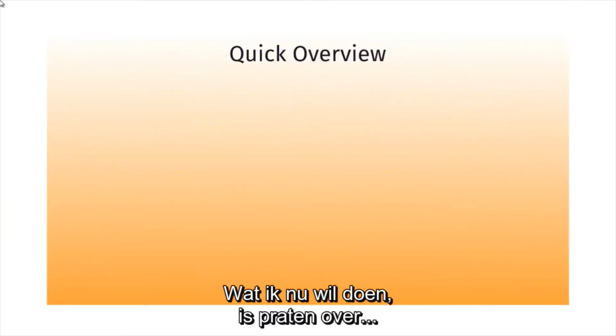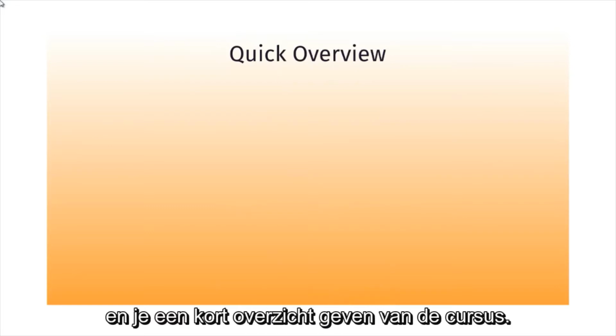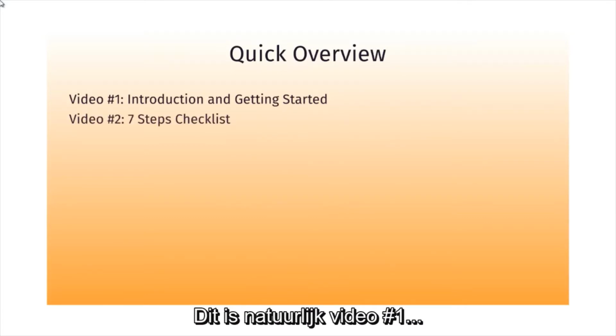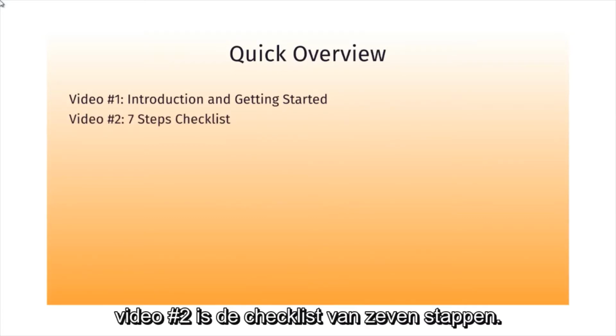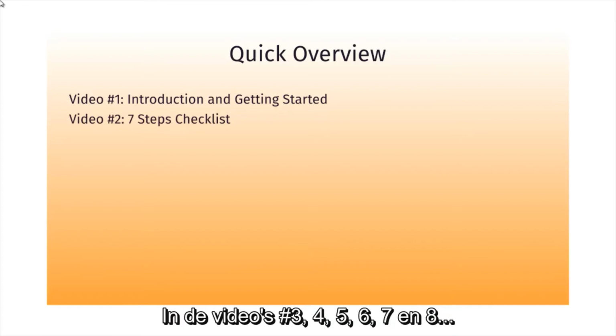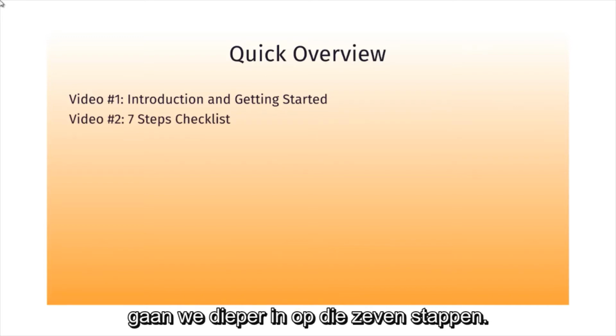Now what I want to do is give you a quick overview of the video course itself. This is video number 1. Video number 2 is the 7 steps checklist. And the premise of videos 3, 4, 5, 6, 7, and 8 is that we're going to dive deeper into those 7 steps.